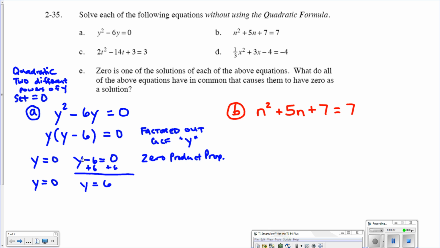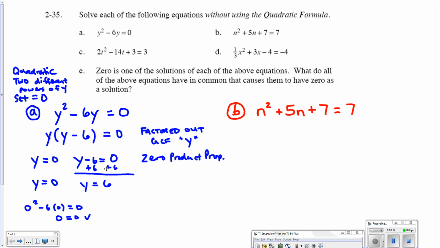To check them, you could plug them back in, or you can graph it and see where it crosses the x-axis. Either one of those would work. If I put in 0, 0 squared minus 6 times 0 should equal 0. Zero squared is 0, 6 times 0 is 0, so 0 minus 0 gives us 0, which is true.